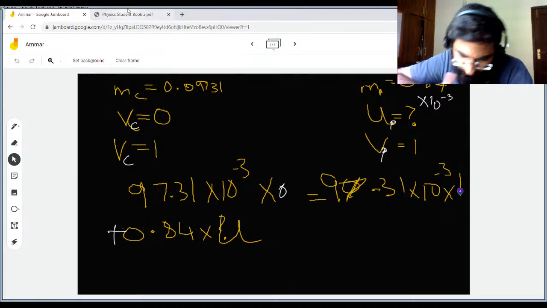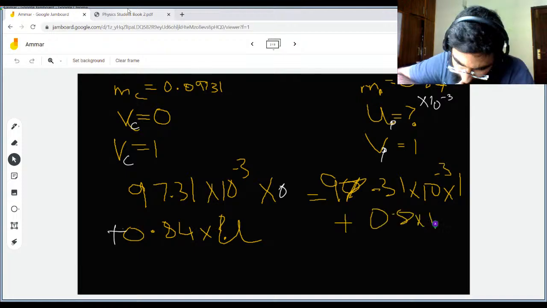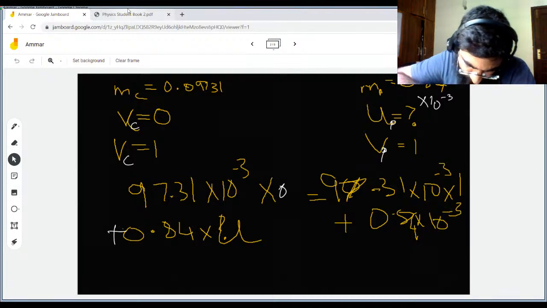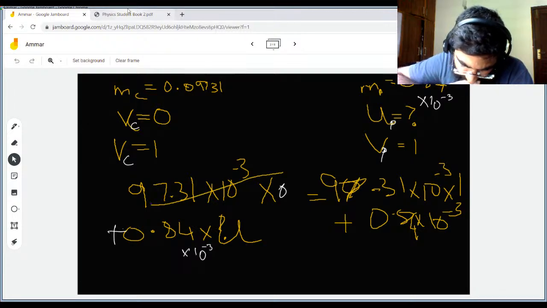So 0.84 into 10 to the power minus 3 is on this side, and on that side it's being added, so just put this division.